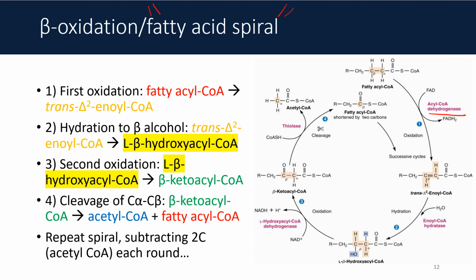We are going to be oxidizing this single bond between the alpha and beta carbon into a double bond, like so. And while we do that, we are going to be reducing one FAD into an FADH2, money in the bank. What is the chemical logic of this step?